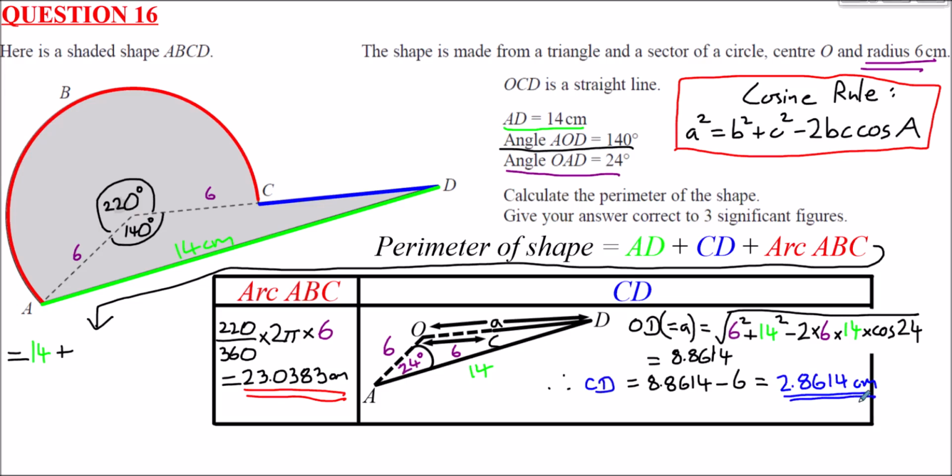So now we have all the ingredients to work out the perimeter. So we've worked out AD, what we're told AD is 14. We now know CD is 2.8614. And we also know the arc ABC, which is 23.0383.